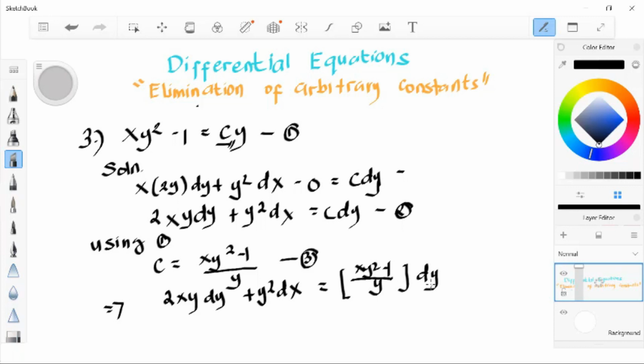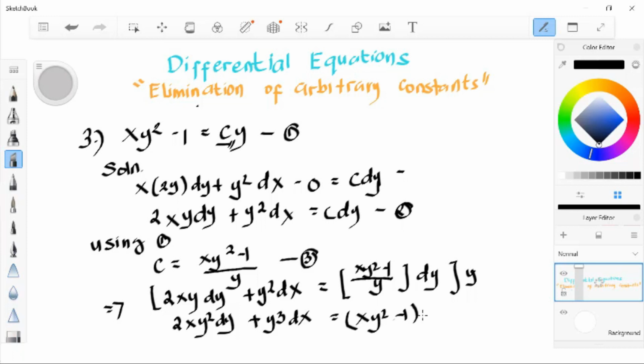To further simplify, we multiply both sides by y. So it would become 2xy squared dy plus y cubed dx, which is equal to xy squared minus 1 dy.